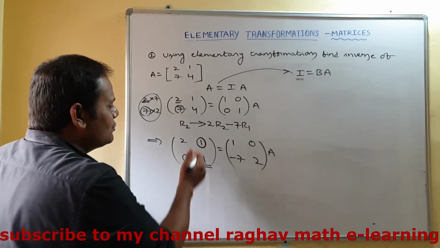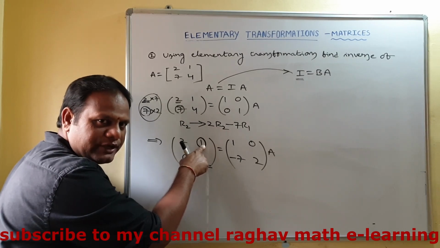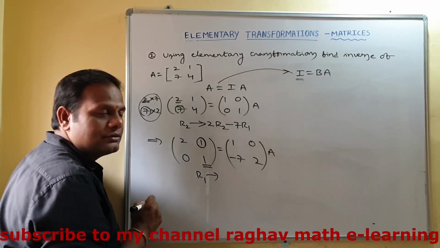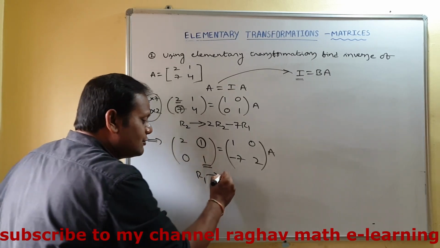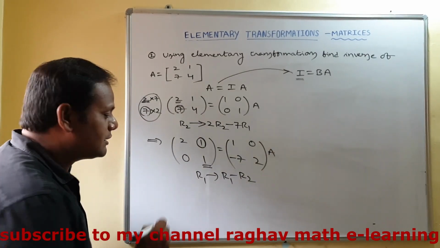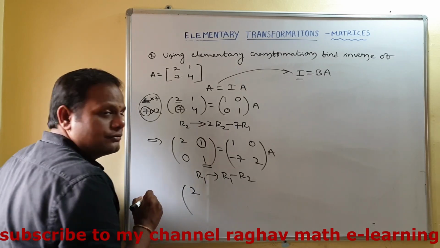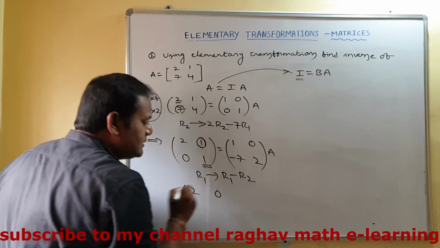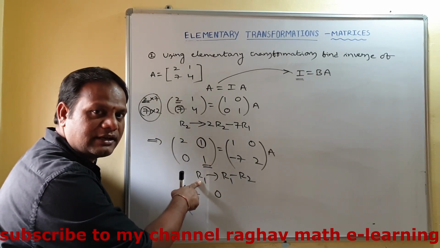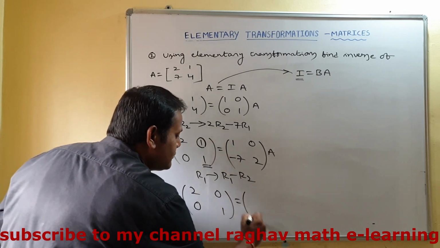So simply you can write that R1 changes to R1 minus R2. So what we get: 2 minus 0, it is 2; 1 minus 1, it is 0. On the left side we have taken R1, so no change in R2. Take R2 as it is: 0 and 1, is equal to.